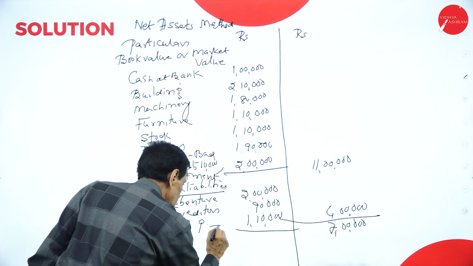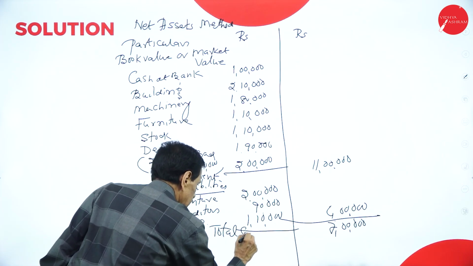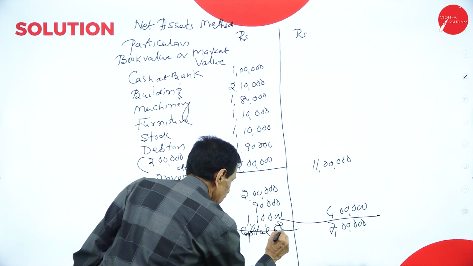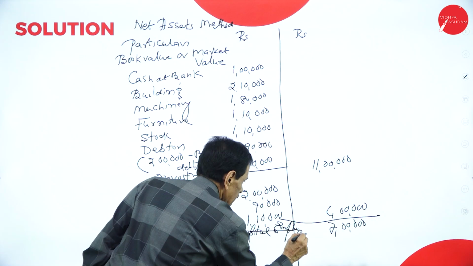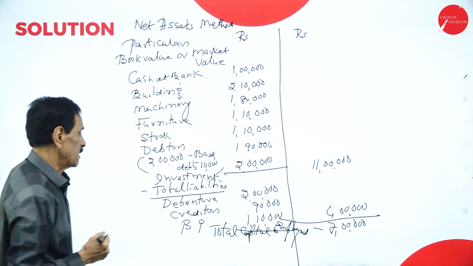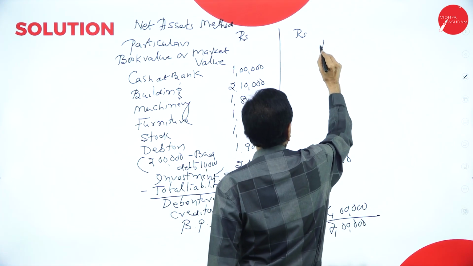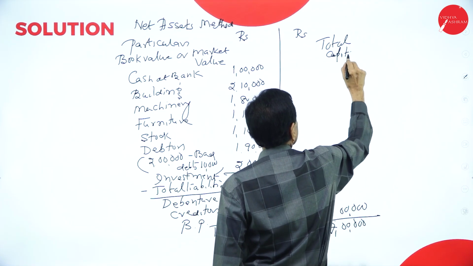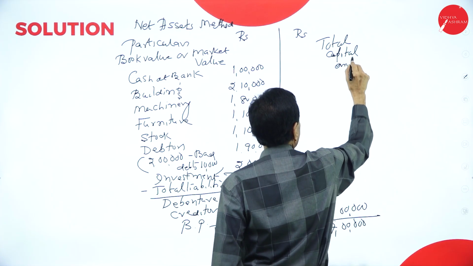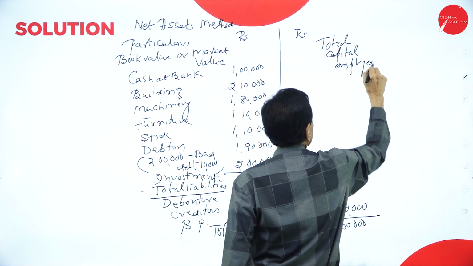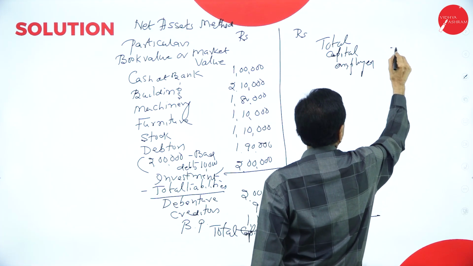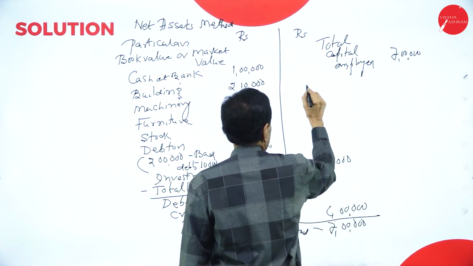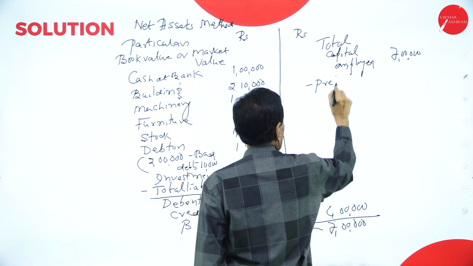Total capital employed is 7 lakh. My total capital employed is 7 lakh, minus preference share capital.